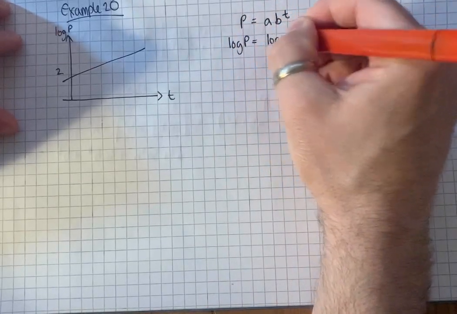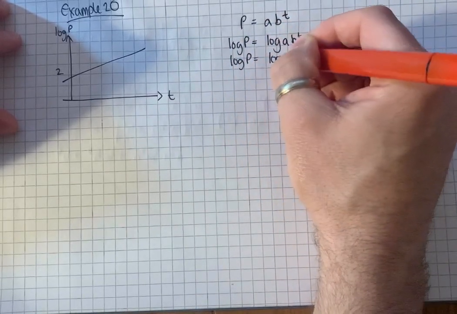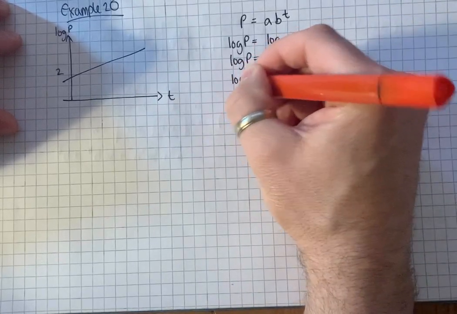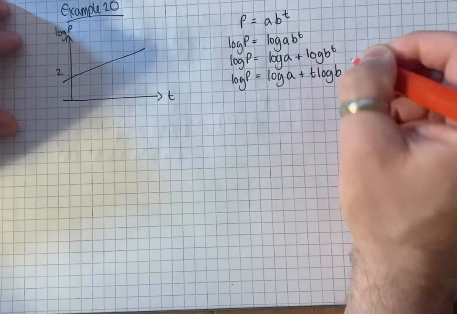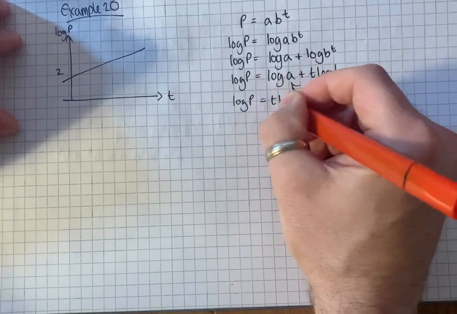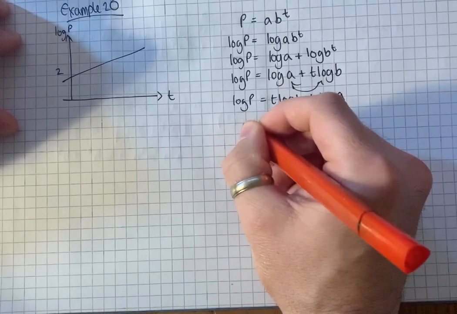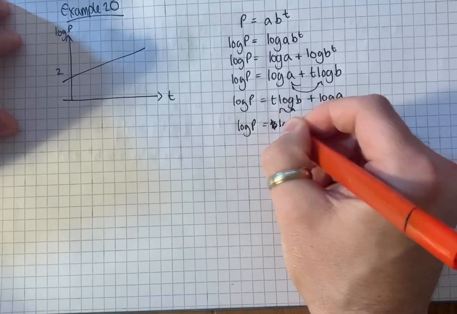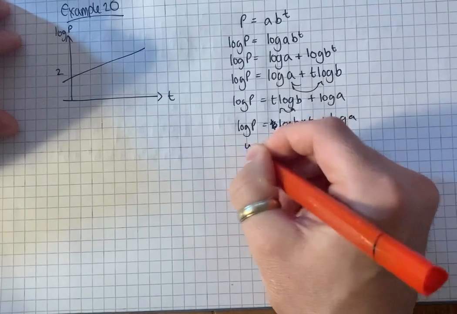logs to both sides, split using the multiplication rule, bring the t in front with the power rule, swap these over, swap these over, and then compare to y equals mx plus c.